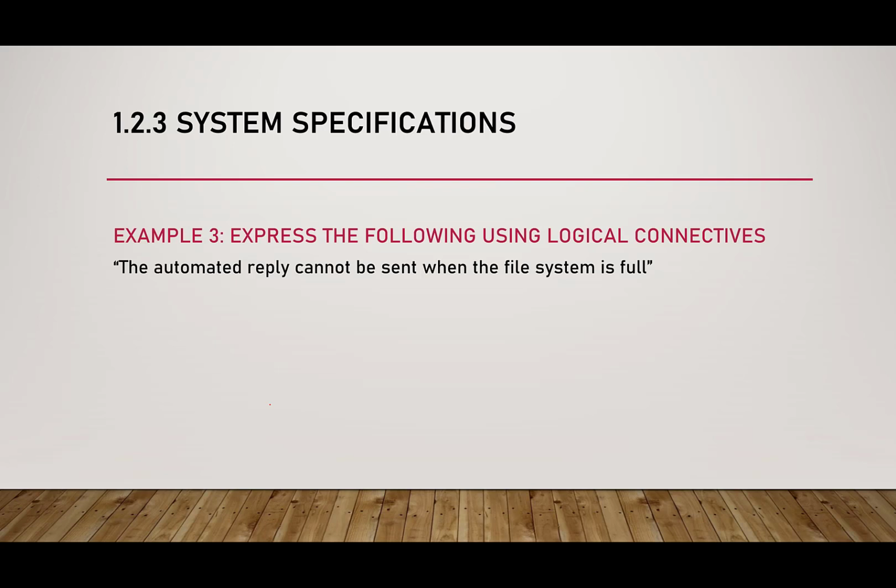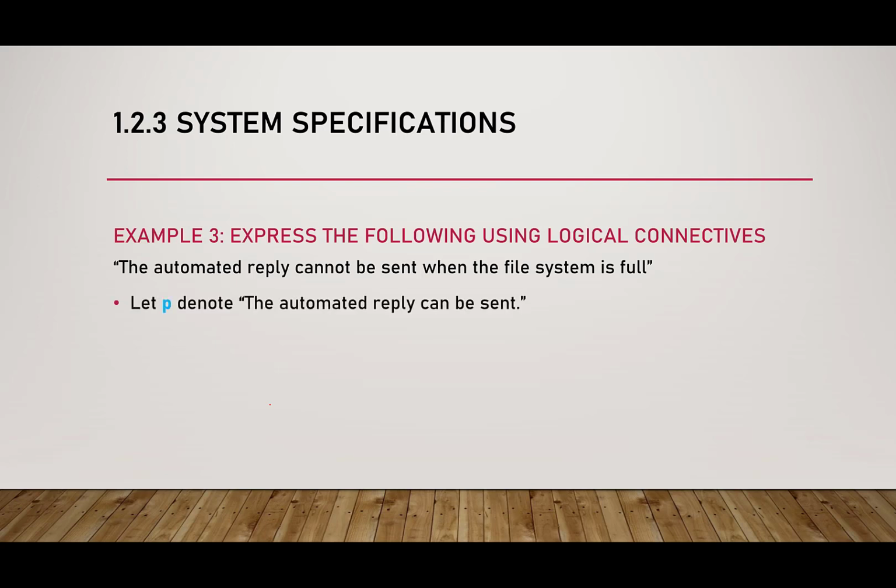So now, how do we represent this in propositional logic using logical connectives? Well, we could do the silly thing, which is let P be the whole statement, right? But we want to break it down, and then eventually in a few minutes we're going to test something like this to see if the statements are even consistent, if they can all exist, right? Right now, we've only got one statement. The automated reply cannot be sent when the system is full.